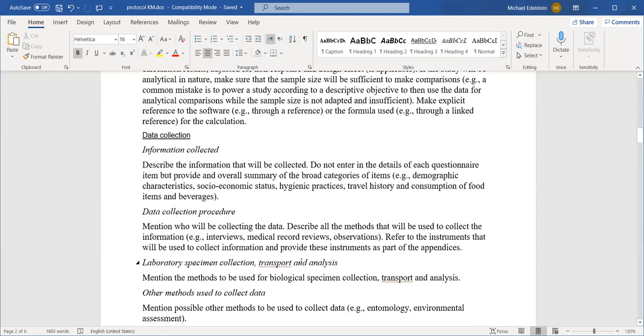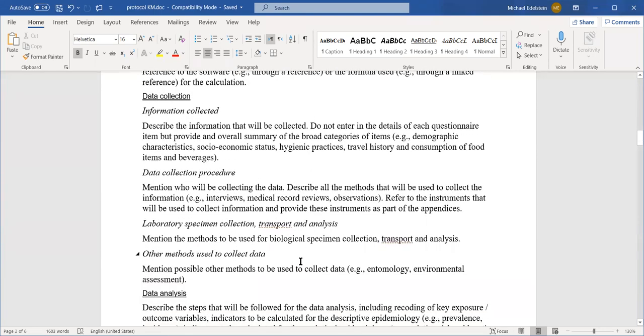Then we go into the data itself. Okay? So this is a really important section for the ethics, because the ethics committee needs to make sure that you're only collecting data and information that you need for your study, and that it is collected and stored in a way that is adequate.